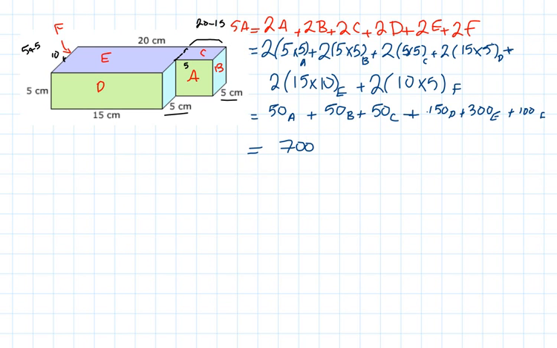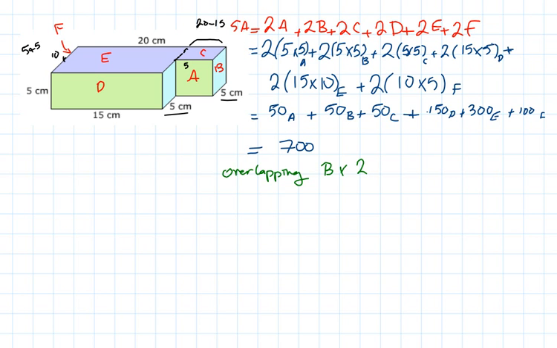However, we have an overlapping area. So the overlapping we have, B is overlapping. But you always multiply that area by 2, because for the overlapping area, you're taking a B away from the small cube, and also a B from the larger rectangular prism.